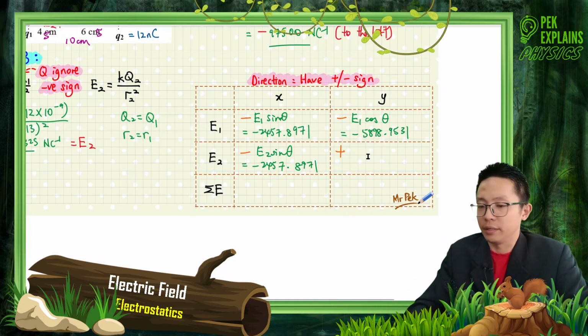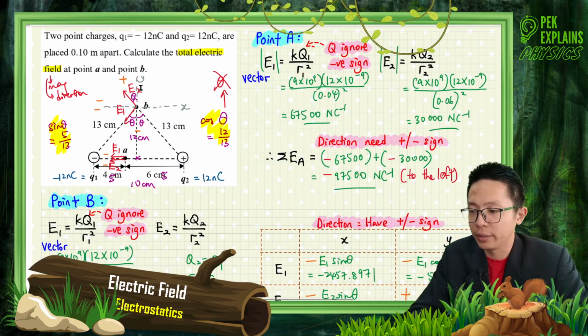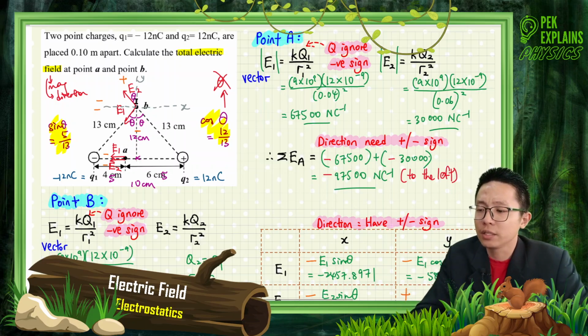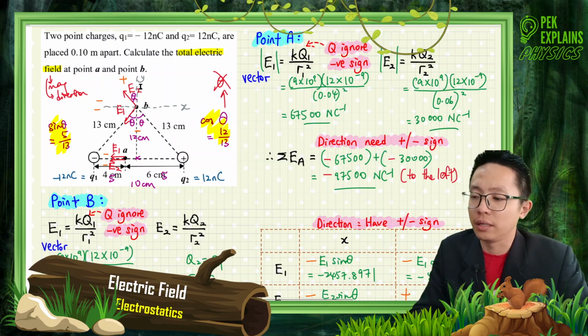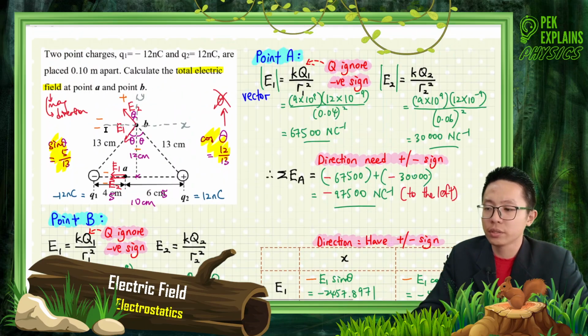Now for the y component. The y component is going upward, and upward is positive. The angle theta is adjacent to the y-axis, so the adjacent is the y component. If we have angle theta, we use cos theta.